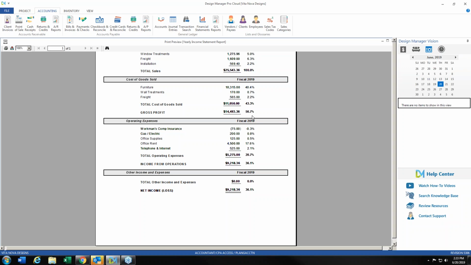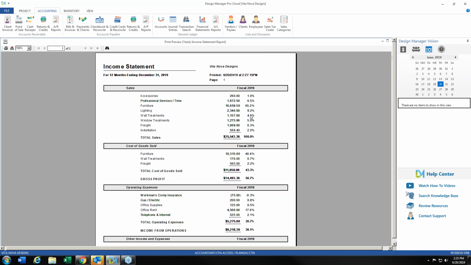So if you are comparing it with different quarters or different months, based on whatever you want, because you're able to do that in Design Manager, you can see, wow, in the last couple of years, my gross profit percentage has really gone down. I wonder why. It may just be that the cost of these products has gone up.